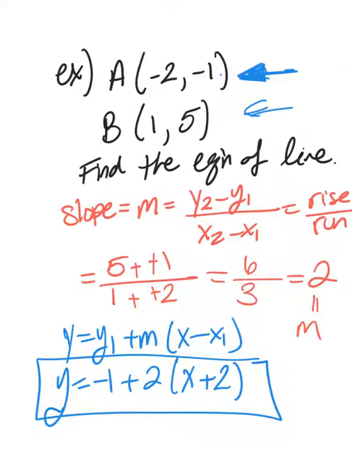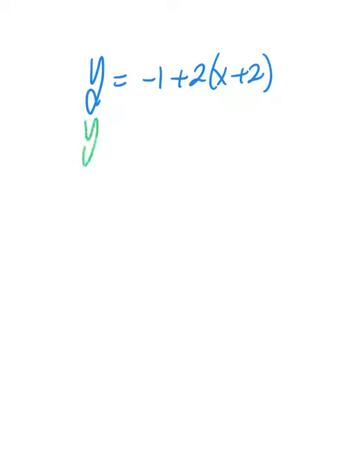Way better. Now, let's take this: negative 1 plus 2 times x plus 2. And now I can change this into y-intercept form. If you really, really want to change it into y-intercept form, you can. How do we do that?